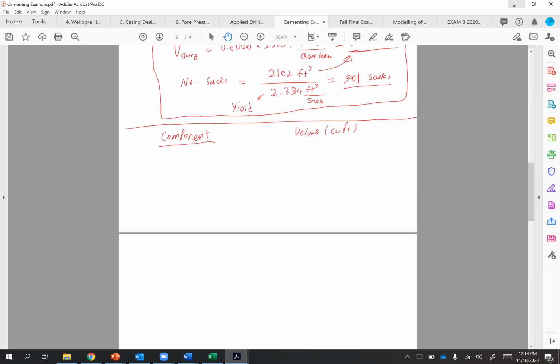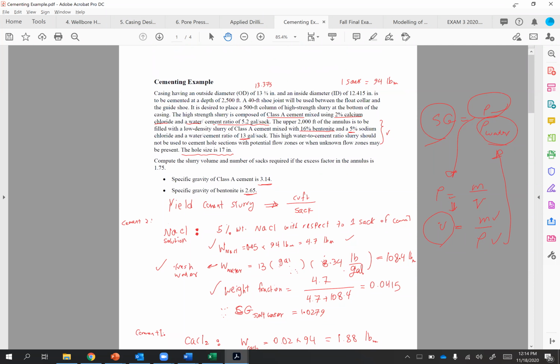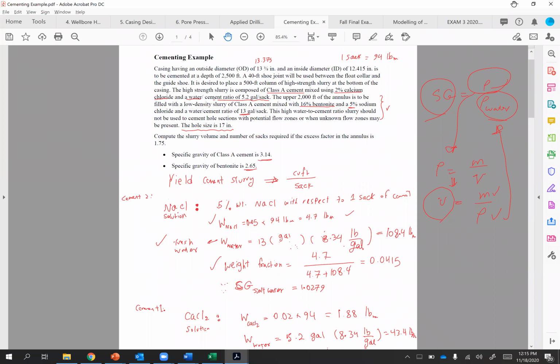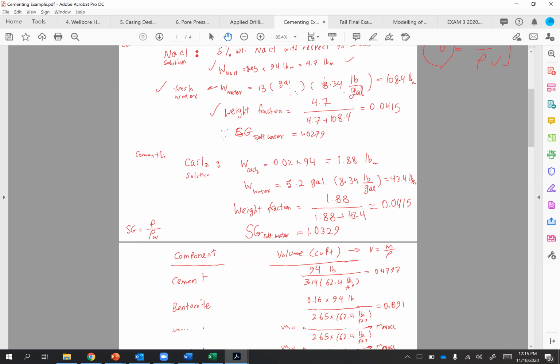The components for that 500 feet are given to me: Class A cement mixed with 2% calcium chloride and a water cement ratio of 5.2 gallons per sack, right? And we already calculated the CaCl2 specific gravity in exactly a similar way as the NaCl.